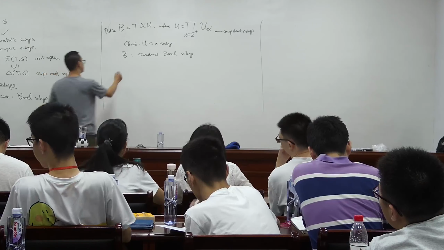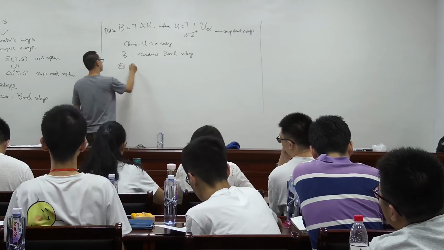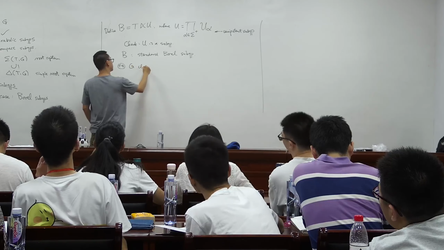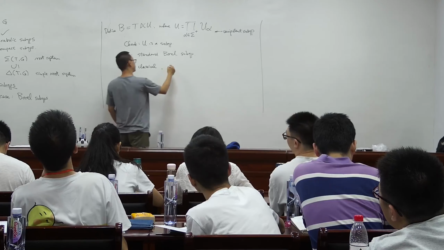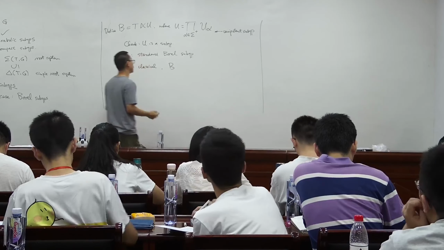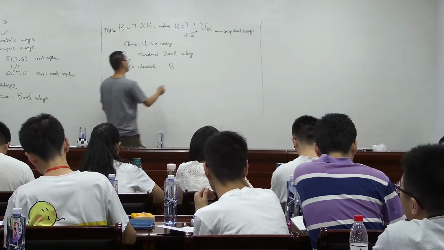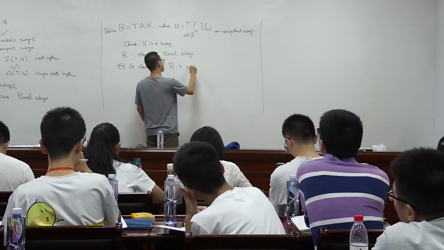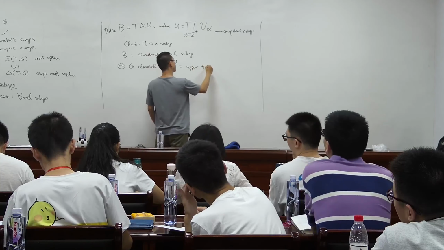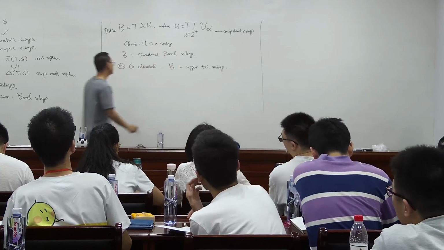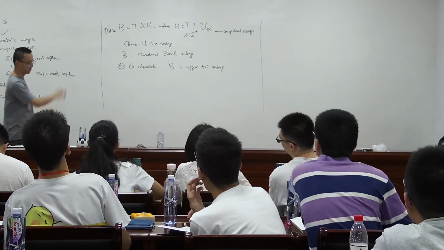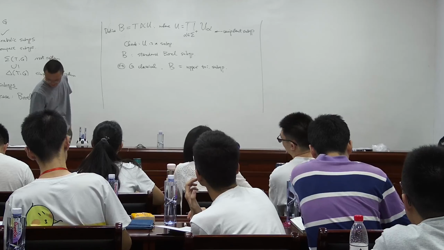So in our examples, if G is the classical groups that I gave yesterday, then B is just the upper triangular subgroup of G, in all those classical groups.